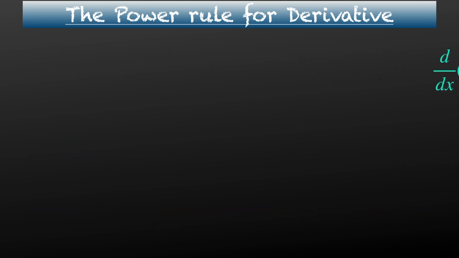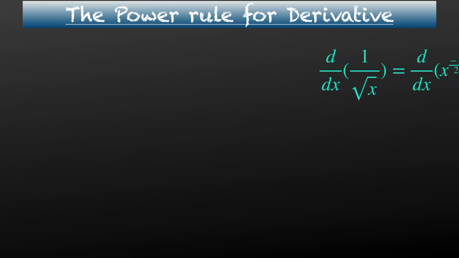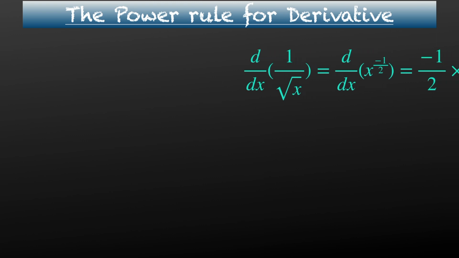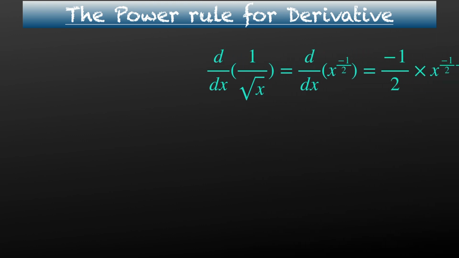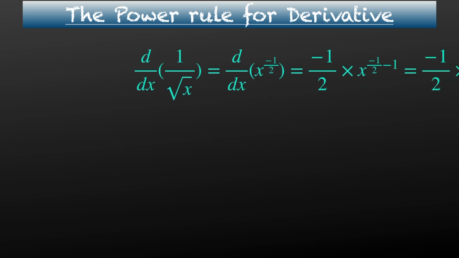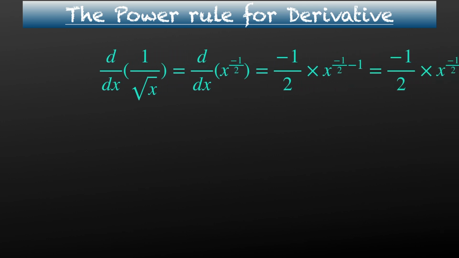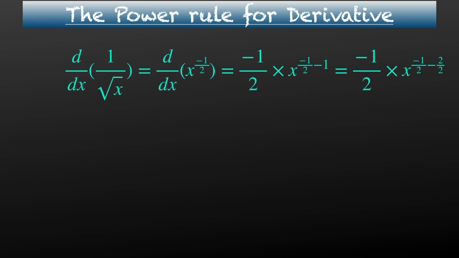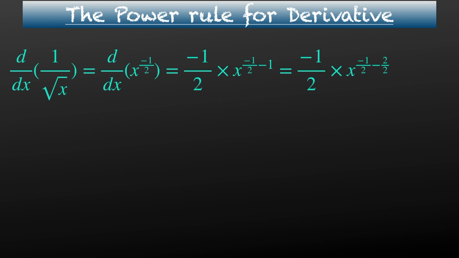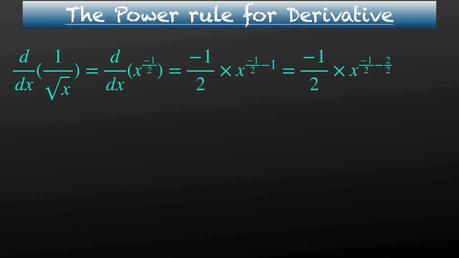Let us take one more example. What is the derivative of a function when we have a radical sign in the denominator? In this case, you see the square root is in the denominator. So d by dx of 1 over under root x. For this, first you rewrite the expression in fractional form. And 1 over under root x becomes x raised to power minus 1 by 2.